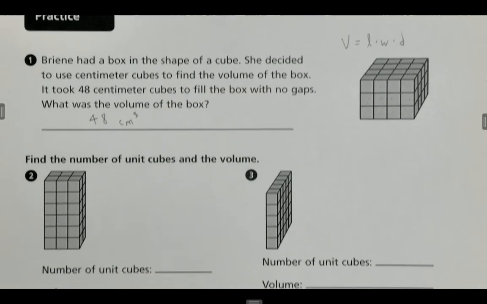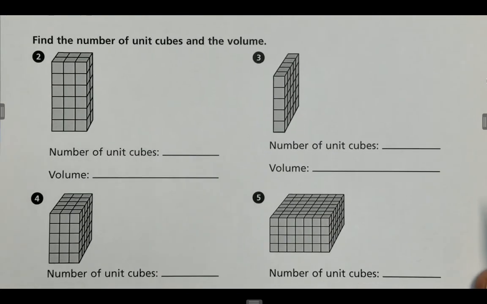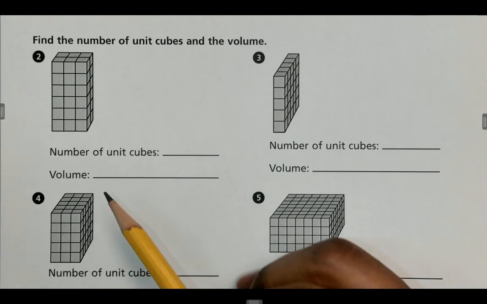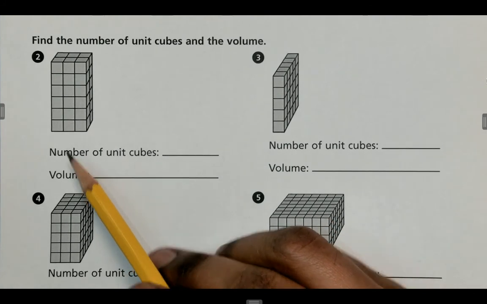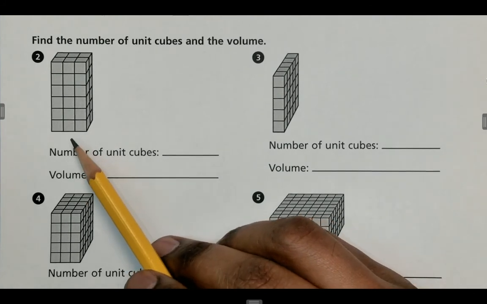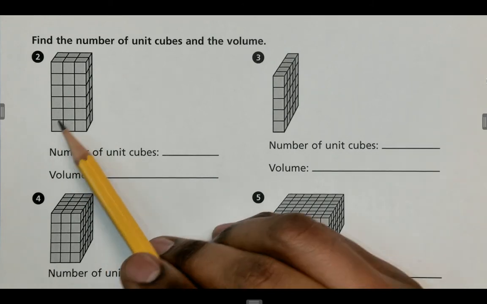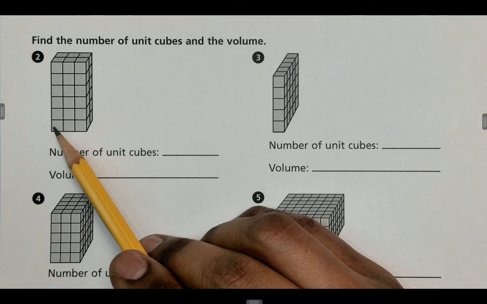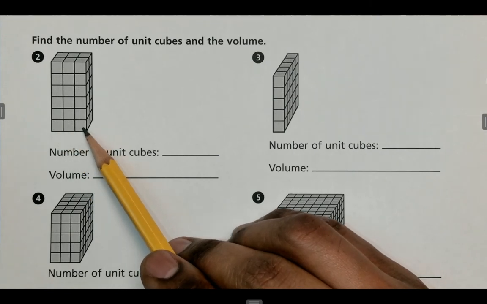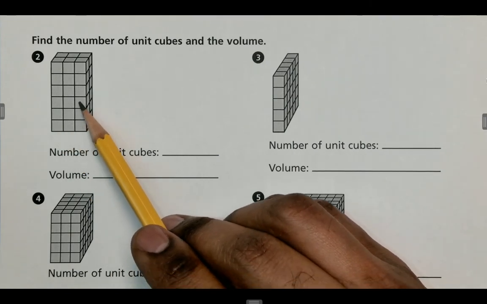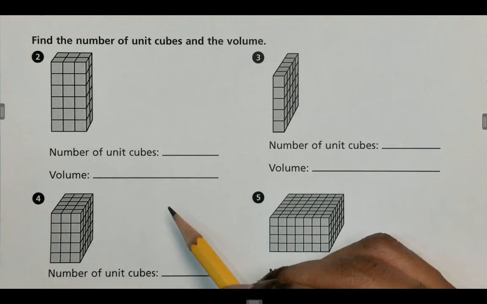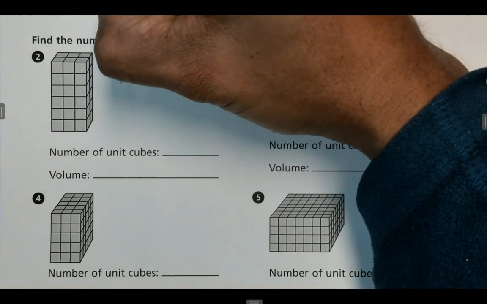Let's see how this same concept applies using some different sizes of boxes here. Number 2, find the number of unit cubes and the volume. Okay, so again, we're looking at a shape that's 3 across times 6 high.